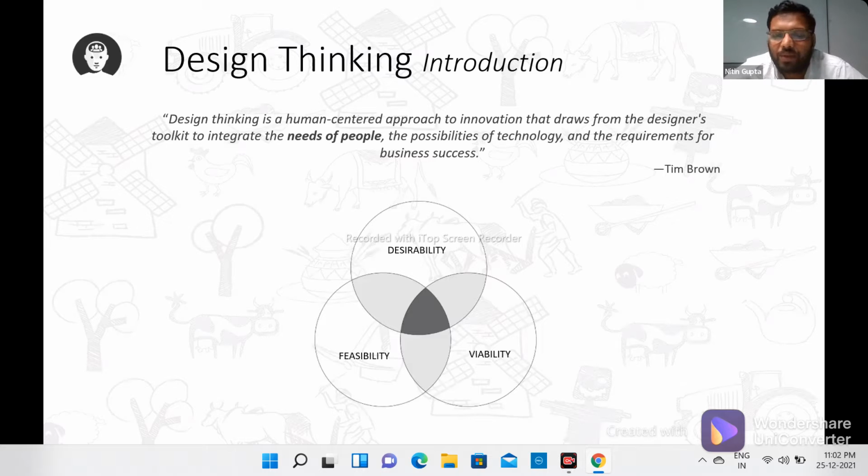I'll give you another example: flying cars. For the last 50 years, people have been trying to develop a car which can fly and which you can also drive on the road. Desirability-wise, yes, it is desired. People would want to have something like this.